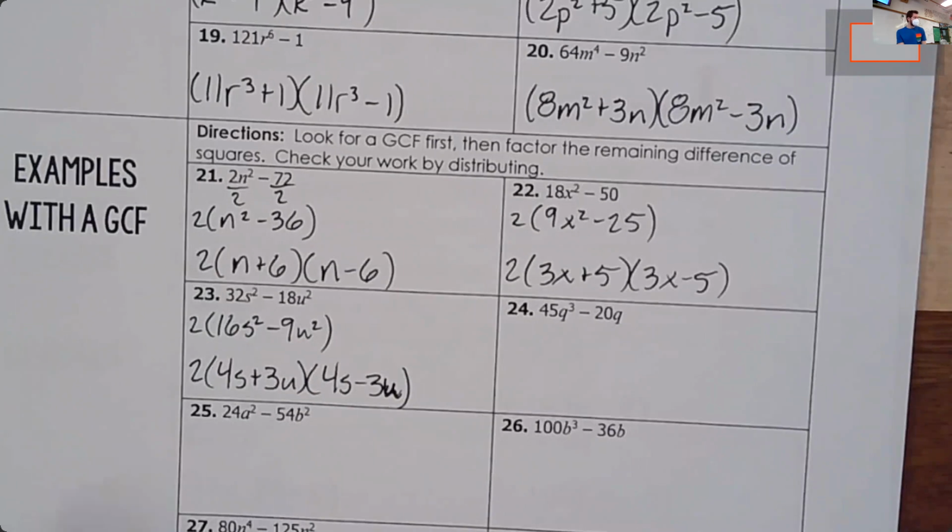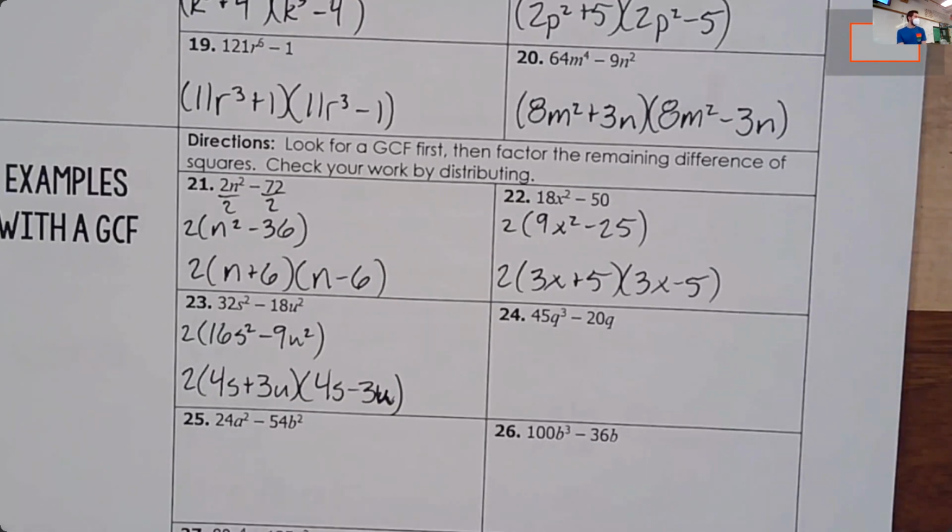136, what can those both be divided by? What's the largest number those are both divisible by? Any thoughts on that? 36 and 100. This one is more than 2.